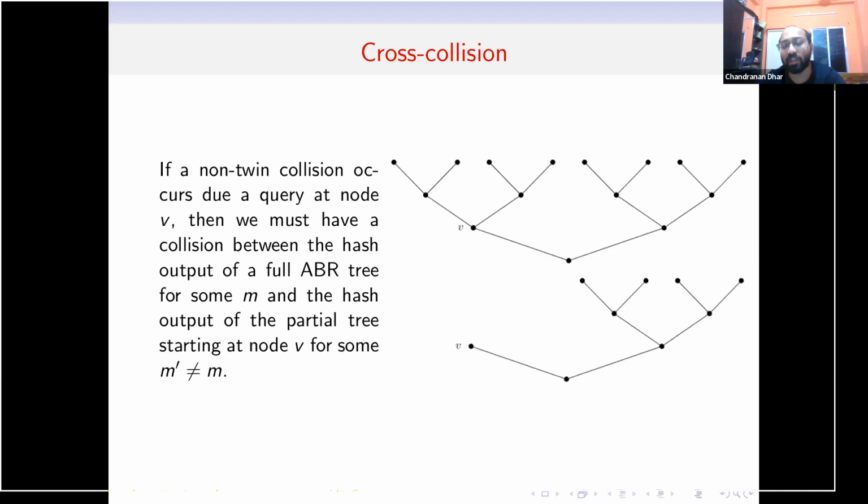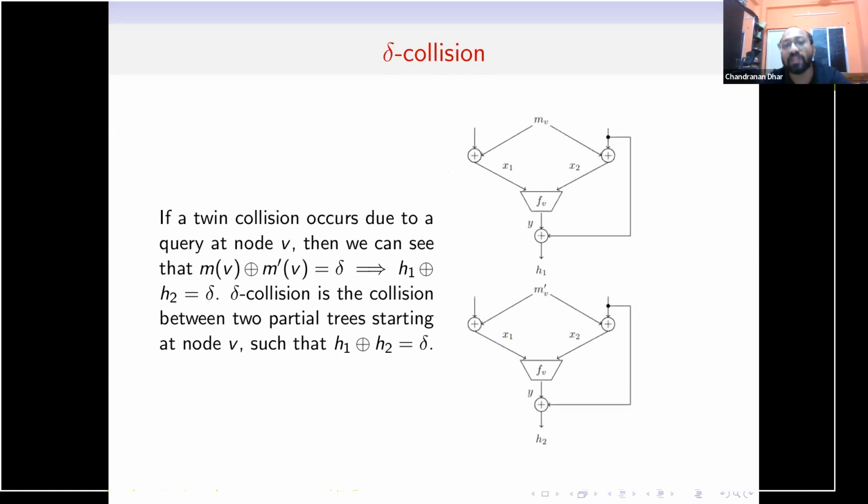That is what we show in our paper. And then the delta collision arises in the twin collision case.